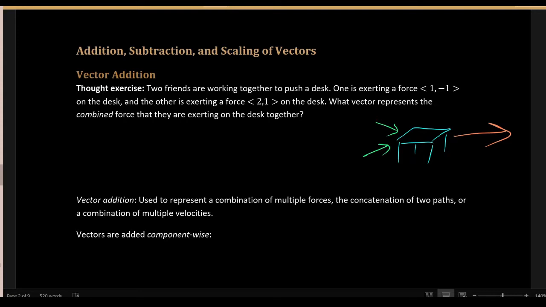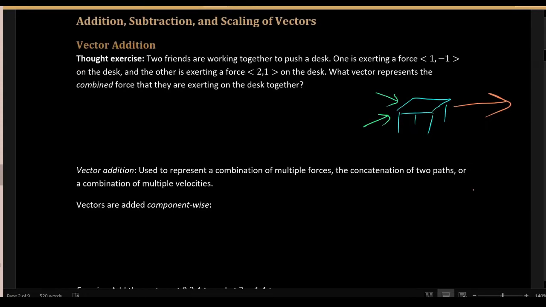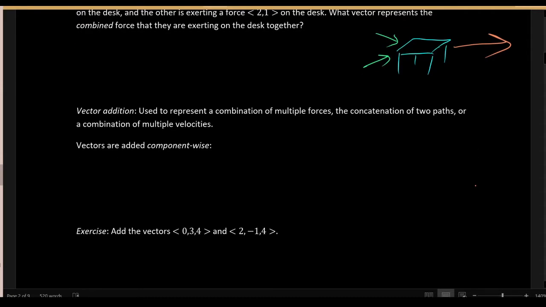Vector addition gives us a way to take that intuition about a real-world force or combination of forces and express that mathematically. Vector addition is used to represent things like a combination of multiple forces, as in the previous example. It can also be used to represent a combination of multiple velocities.